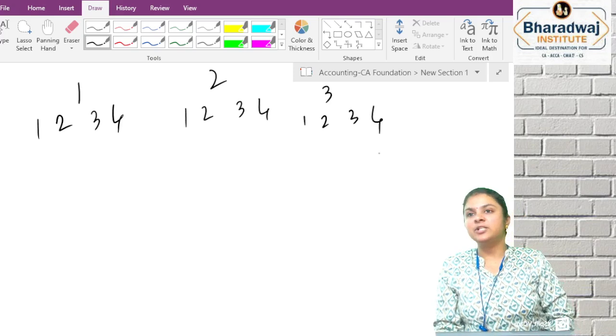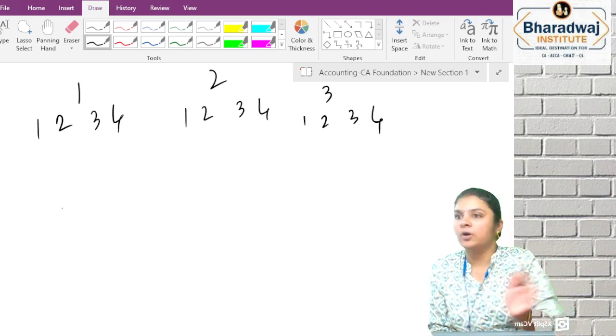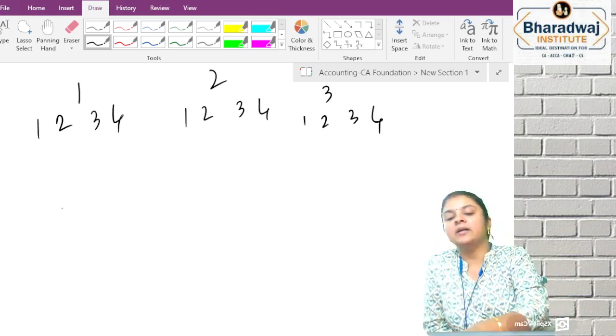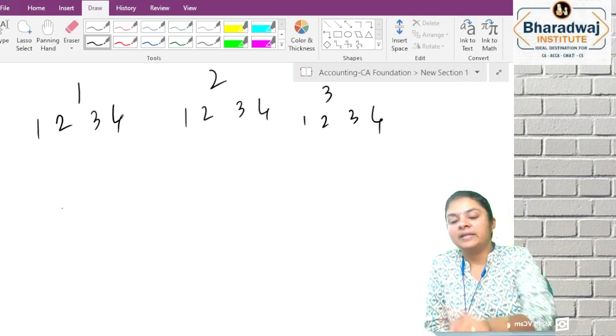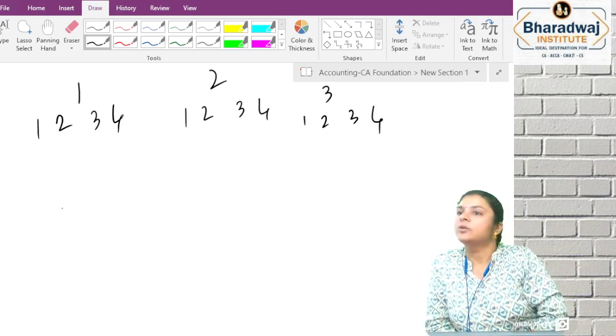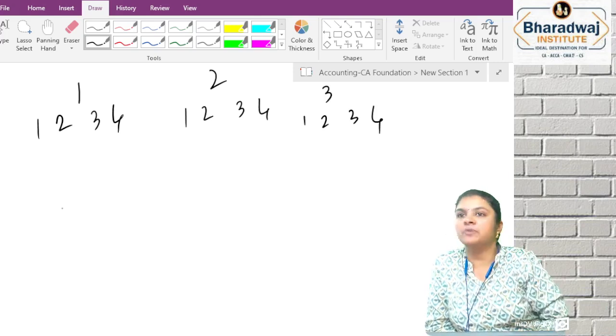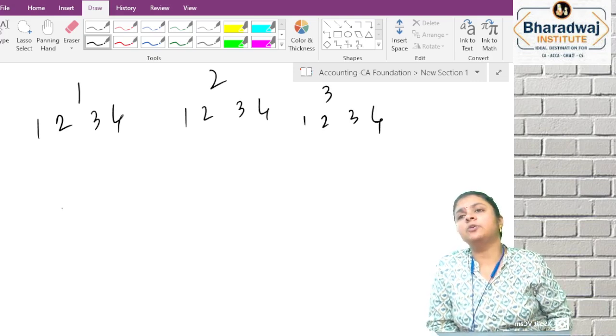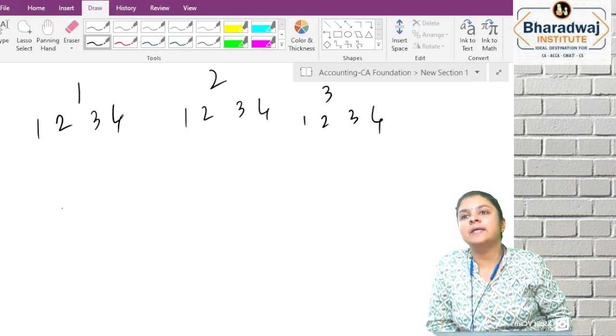Now let's go individually. One boy can get all 3 prizes, but can he get all 4 positions? No, he can get only 1 position out of 1 prize. Correct? So can you tell me the total number of permutations in that case?